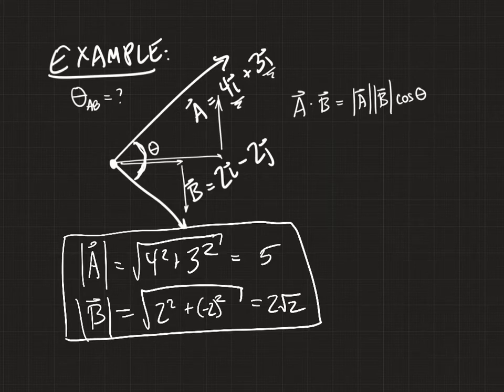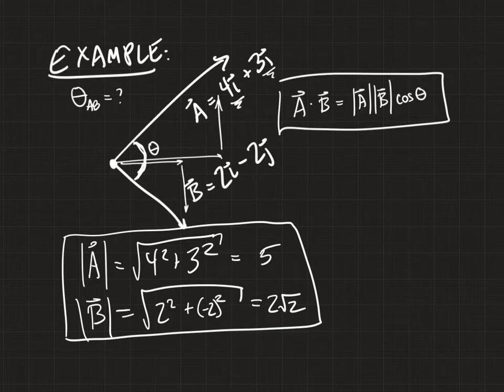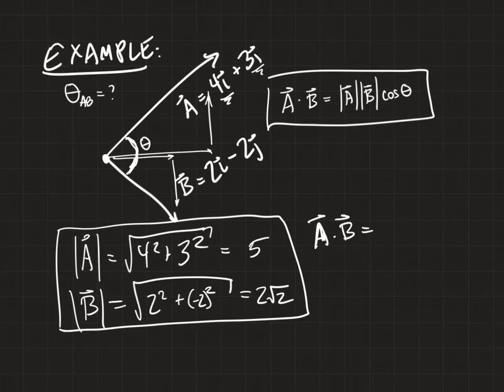The other part that I want to figure out is what A dot B is. A dot B equals, I'm going to follow the formula from above, so the x terms, ax bx plus ay by. I'll write it out for you this first time.